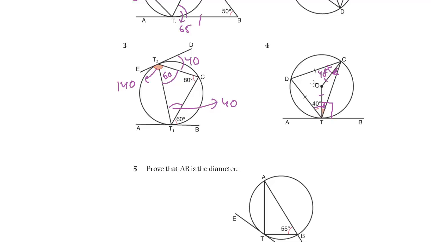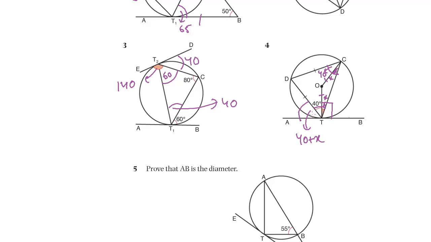Okay, so the information that we have now: this angle should be 40 plus this unknown. Let me call this unknown angle x. By the alternate segment theorem, the tangent and the chord make the same angle as the chord makes at the circumference. So this angle should be 40 plus x.